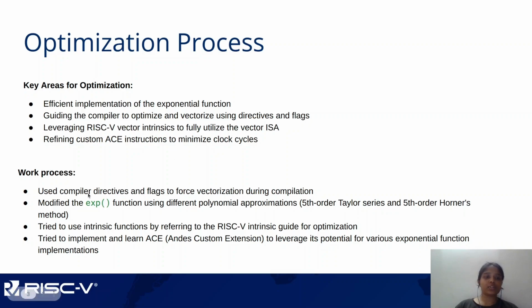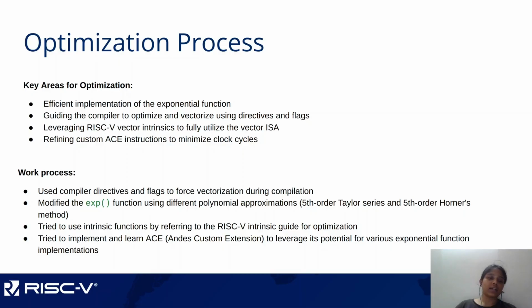So I used compiler directives for LLVM auto vectorization. I changed the code for the exponential function into a faster Taylor series approximation and Horner series approximation. Both of them are polynomial approximations.